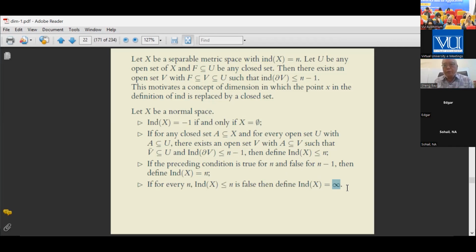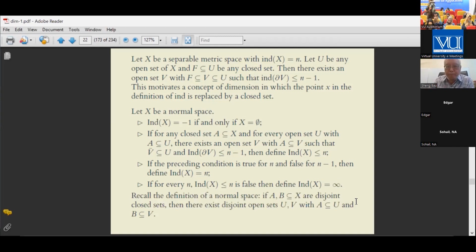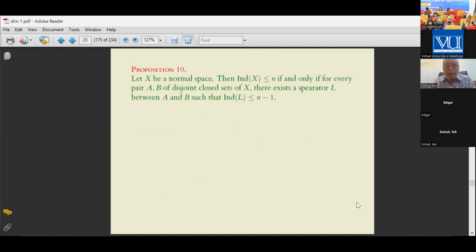And if for none of these finite integers this is true, then we ambiguously say that the space has dimension infinity. This is undefined, this symbol. So this is the equivalent statement of the second clause, just like in the case of lower.